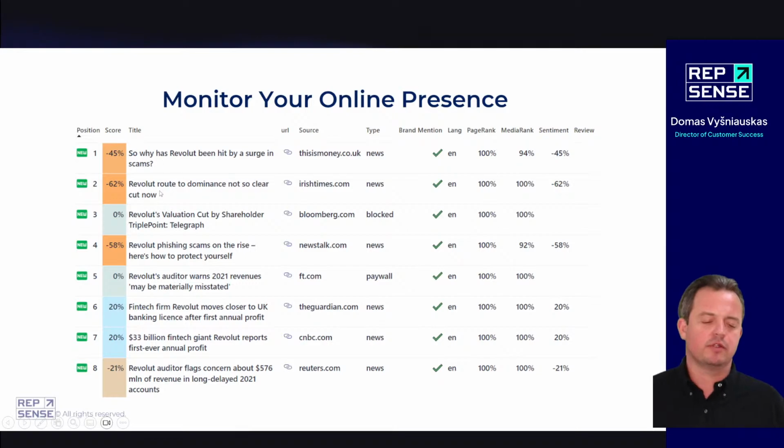So of course, when your brand is mentioned with the keyword scam, and this is the number one in the search result in the news category, and because these are all new, I understand that it's new content that has not been there for the last run. So at least these three articles are the ones that my public relations should be addressing promptly if I was working for Revolut.